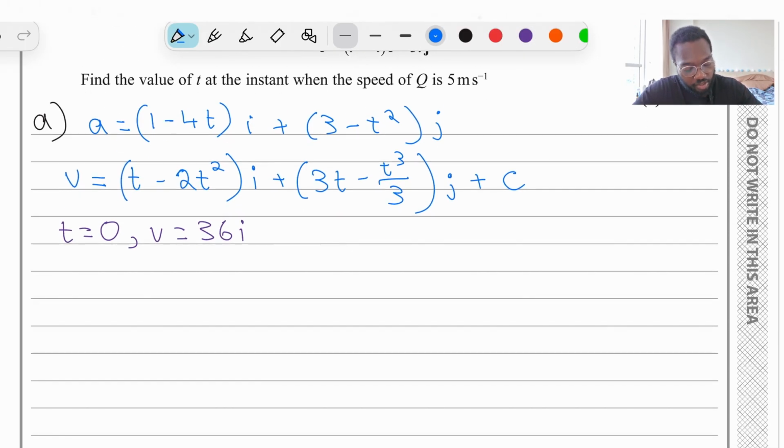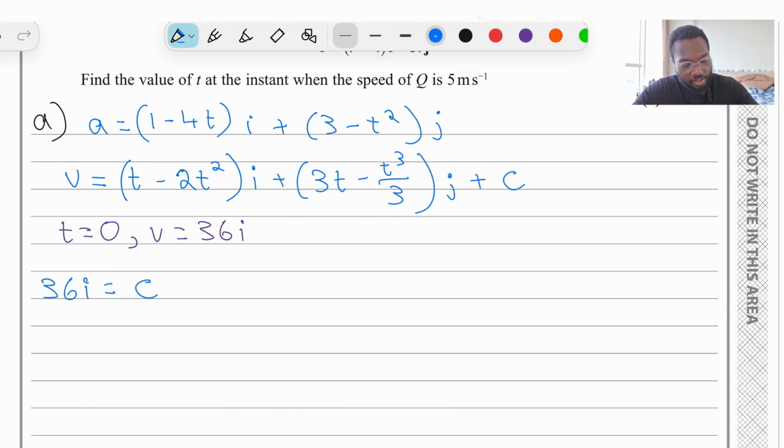So if we do that, we know we're going to have 36i here. If t is 0, then our i's and our j's will both go to 0, so we're just left with c. So we know that 36i is equal to c.